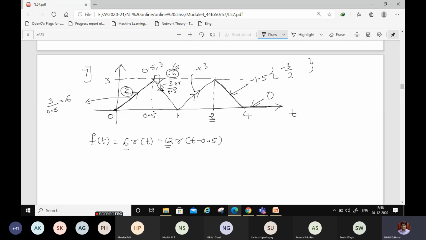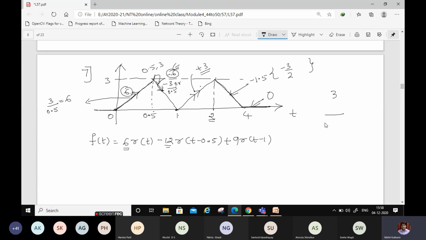So this line still holds the slope as 6. How much do we want here? 3. So from minus 6 to plus 3, how much do you have to add? Plus 9. At which point is the ramp starting? R of t minus 1. So here the slope is 3.